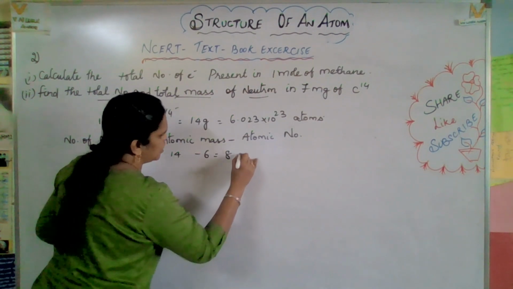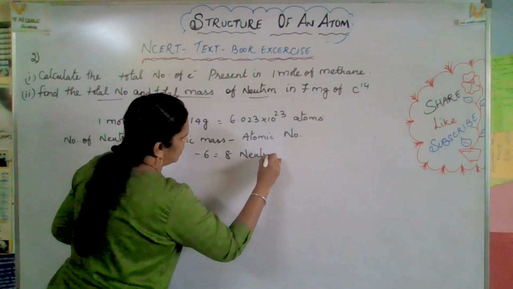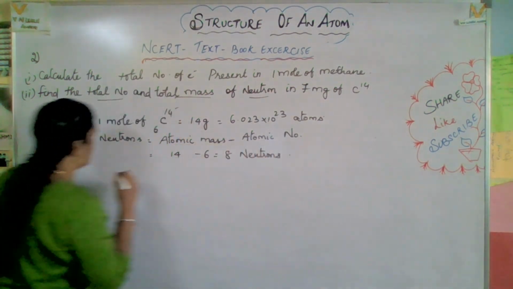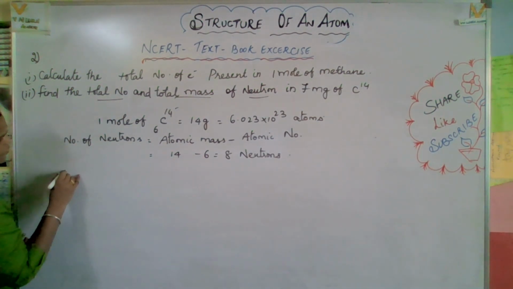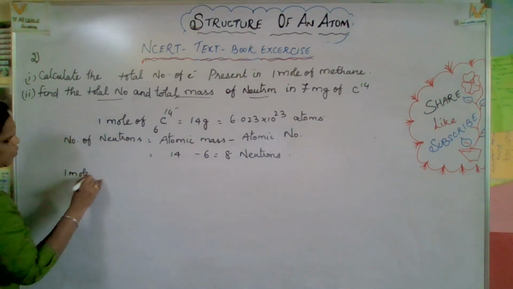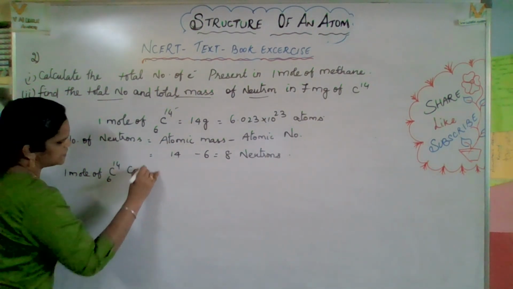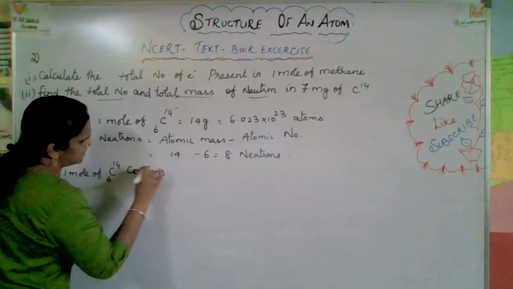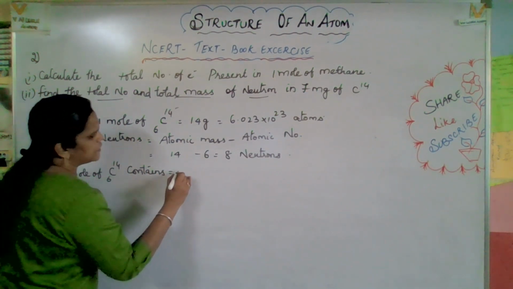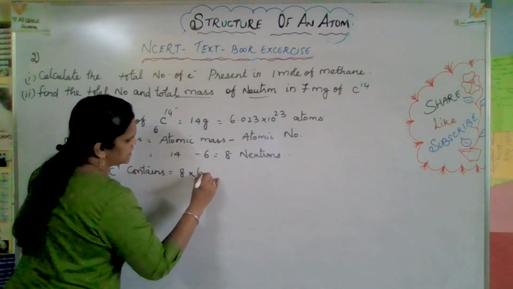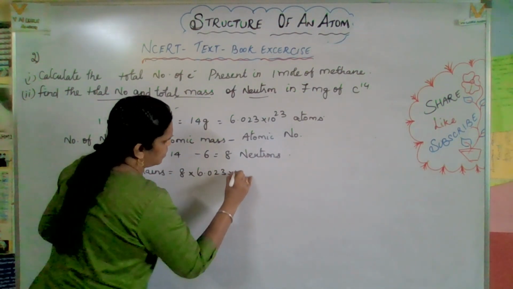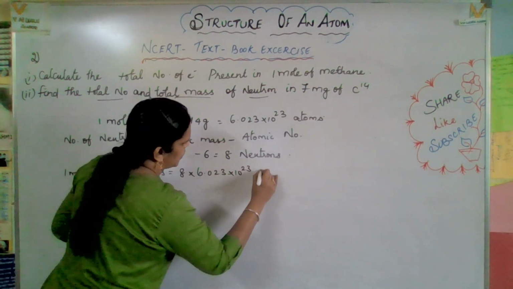So 8 neutrons. Okay, 1 mole of 6 carbon 14 contains 8 into 6.023 into 10 to the power of 23 neutrons.